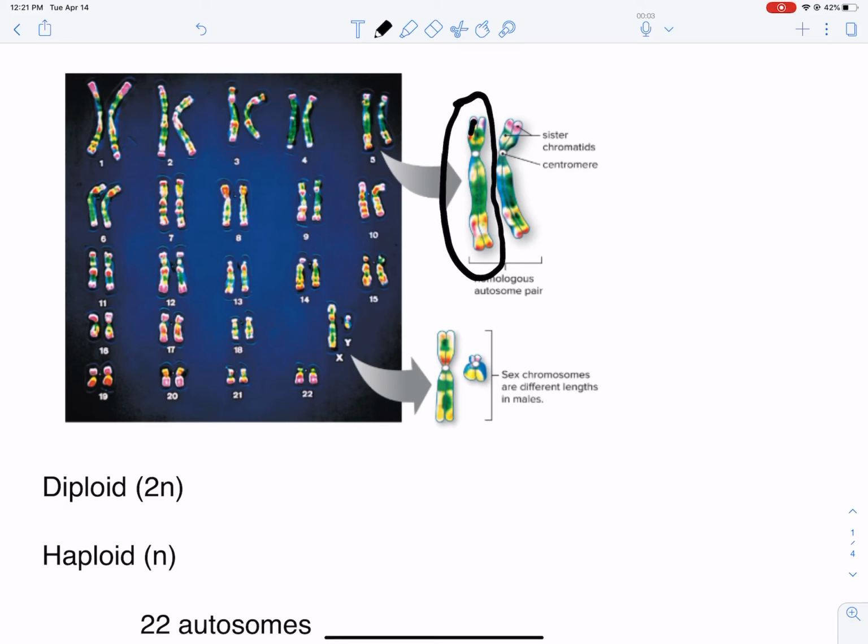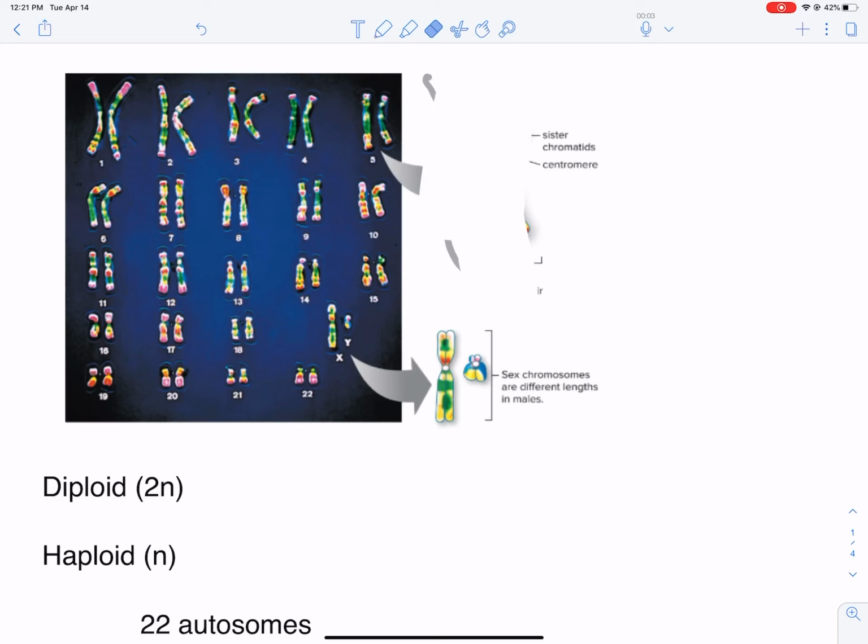Well, it would be this side of it here, and then in the S phase, they would duplicate it and make this side. This side was the original one, and now I have 2 of them, and they are exact copies of each other. They are called sister chromatids. I have to do that for each one of them.